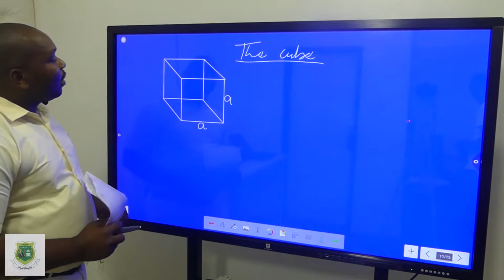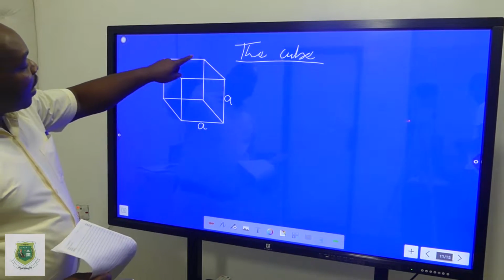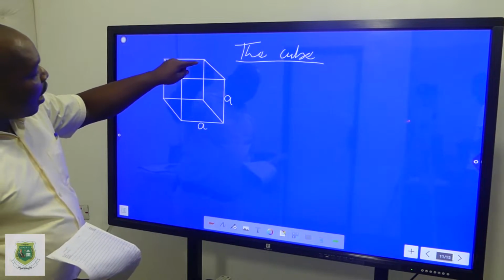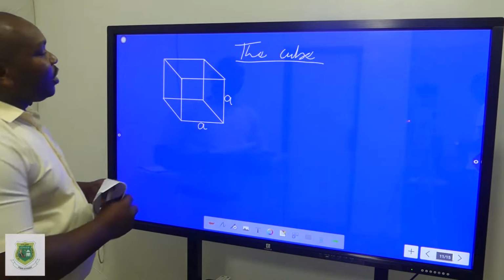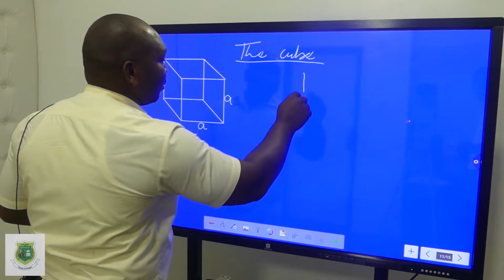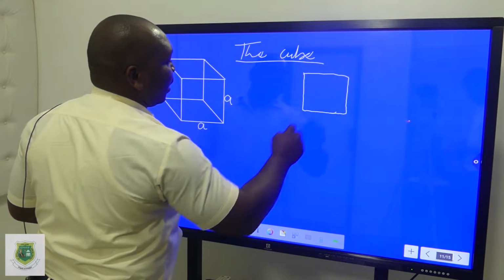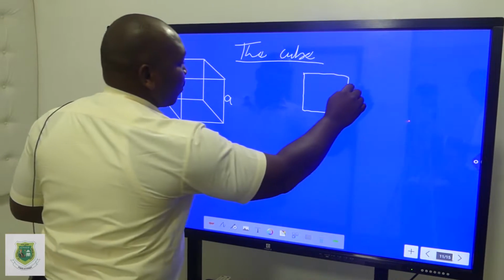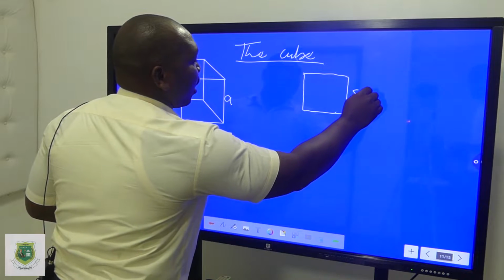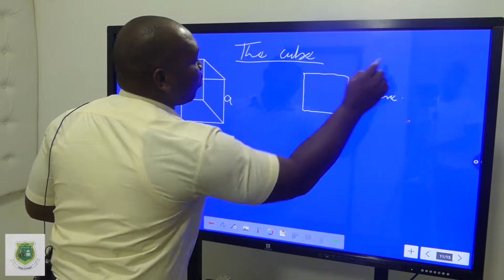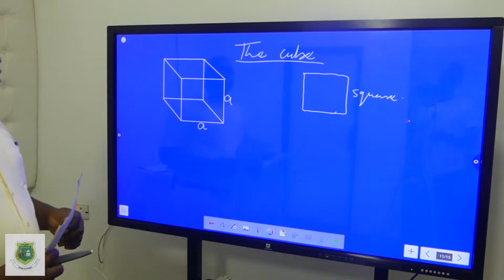But before that, you're going to see that the cube is formed using a simple plane. That is the square. The square is what is used to form the cube.